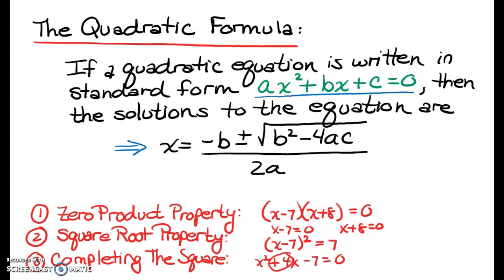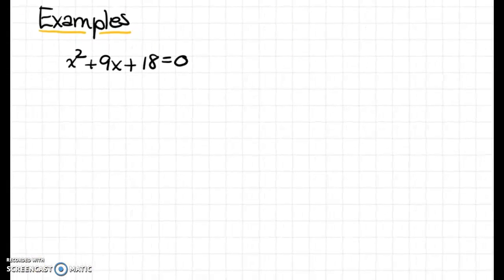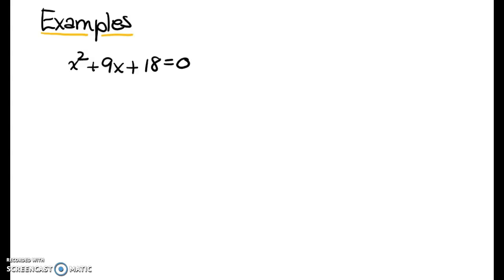You can find the coefficients in front of the x squared term, the x term, and the number that's all by itself, and you can plug them into this formula where x equals negative b plus or minus the square root of b squared minus 4ac all over 2a. And you should memorize that because you'll be using that a lot for the rest of this year and your junior year. So let's work through some examples on how to use the quadratic formula.